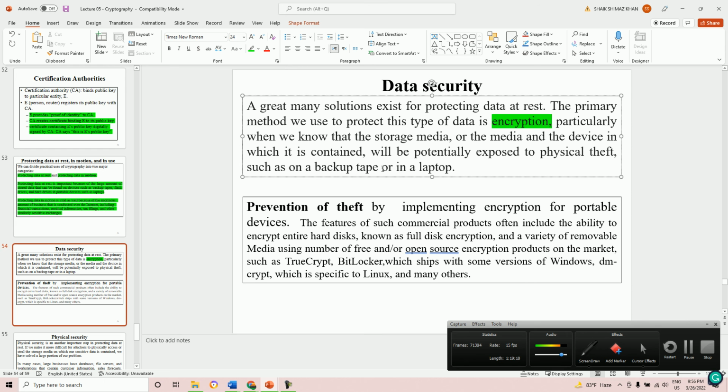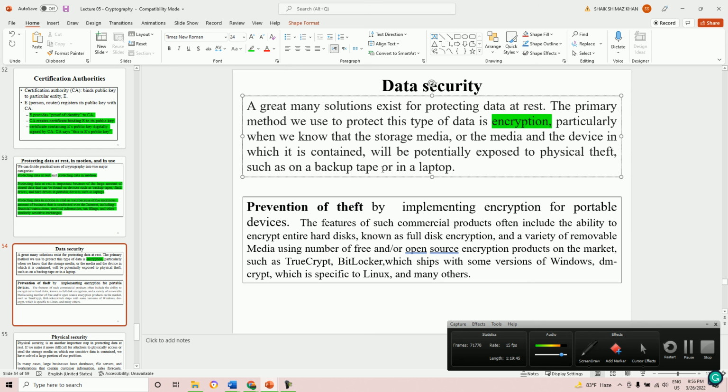You have the laptop, and in the laptop or in the hard disk you have a lot of important data. Okay, critical data, chapter number 7, and if someone gets this data without any rights, if they access this data, it would be a big problem.